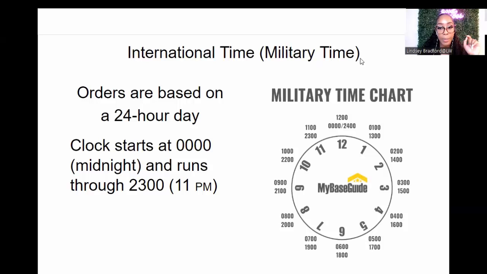Okay. Military time. So let's talk about this for a second because some of my friends really struggle with this. One of the things I want you to think about is that military time is basically where you're thinking about 24 hours, the entire 24 hours in a day.